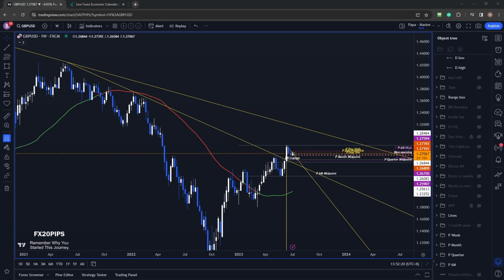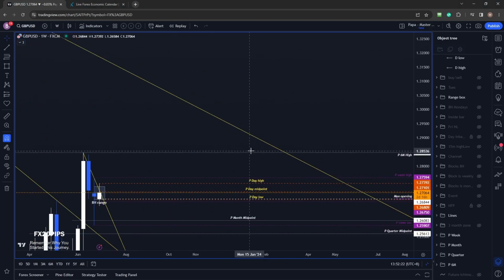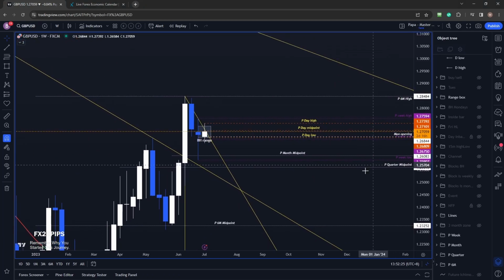Let me just zoom in for you. All right, so many weeks ago it closed above, it came back down, seems to be retested. All right, and then it went back up, and now we are right here. Okay, so based on the theory again, closing above these trend lines might have a chance of it going to the next trend line.